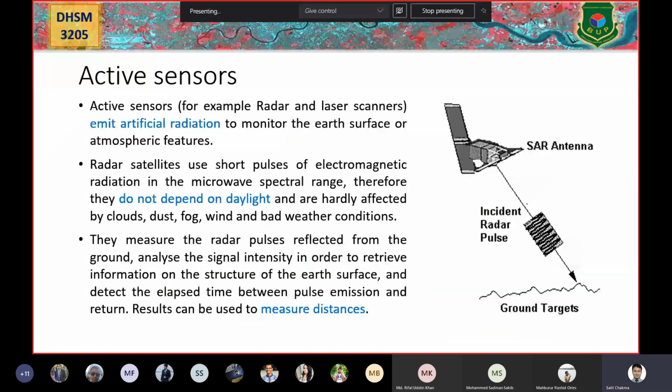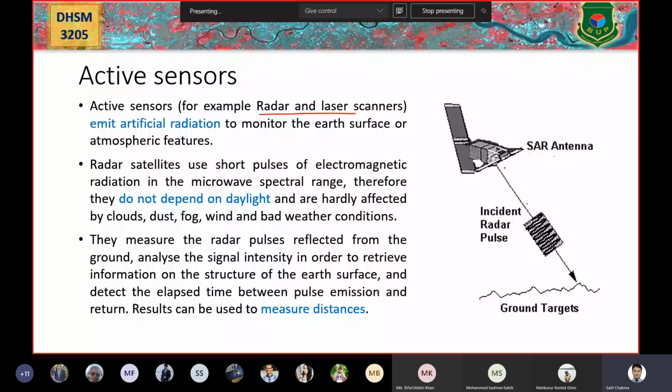It says the active sensors, for example radar and laser sensors, emit artificial radiation to monitor the Earth's surface or atmospheric features. Here is one example from SAR, synthetic aperture radar.